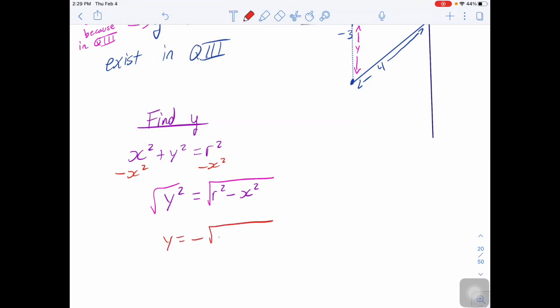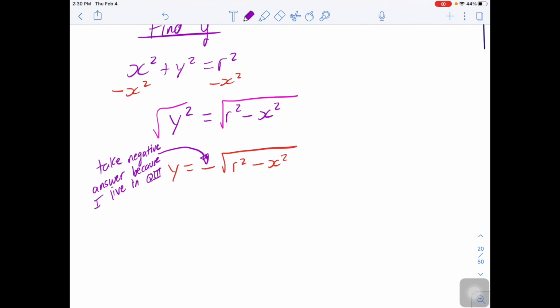In this case, I'm going to take the negative answer because I live in quadrant 3.